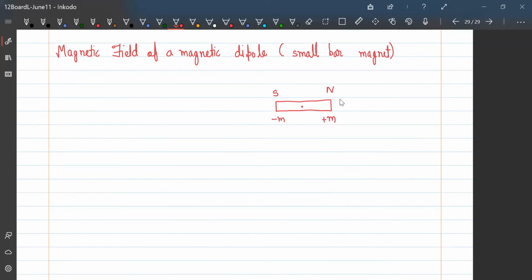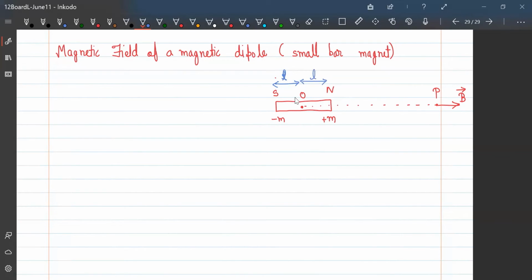From the center, on the equatorial side, that is called the end-on side, I have a point P where I want to calculate the magnetic field, B vector. This is the center, and the distance between the center and this side is l by 2, or let's take it as l, and this can be taken as m.